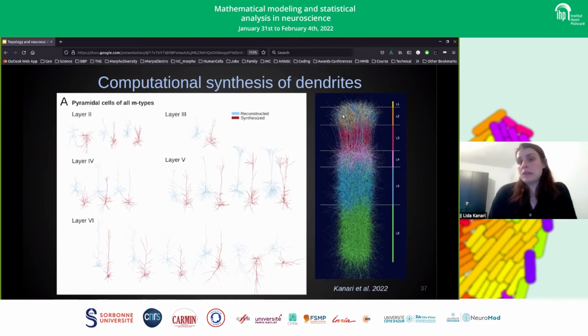As you can see, we get a soup of all these morphologies, and I'm going to show you later how we validate that, but it's very similar to the observed microcircuits that we have in biology.